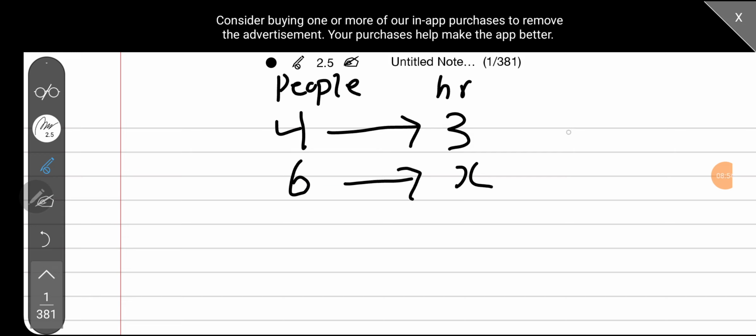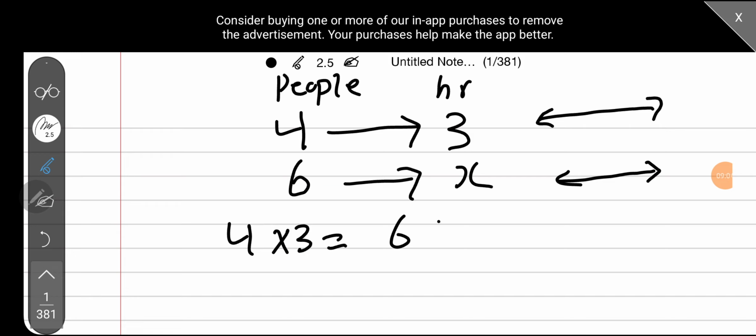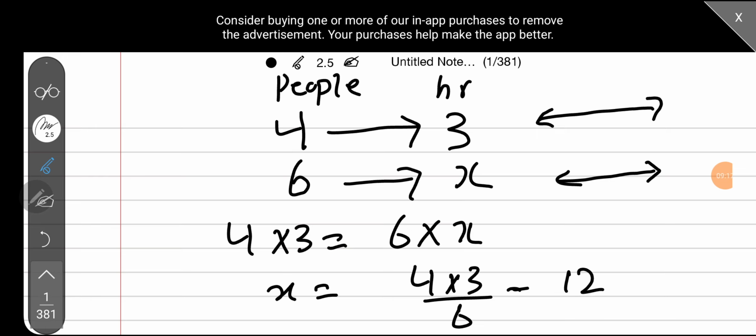So in this case we will multiply sidewise. We will multiply 4 into 3 and 6 multiply x. Now x is 12 divided by 6, which is 2 hours. So now the work will be completed in 2 hours.